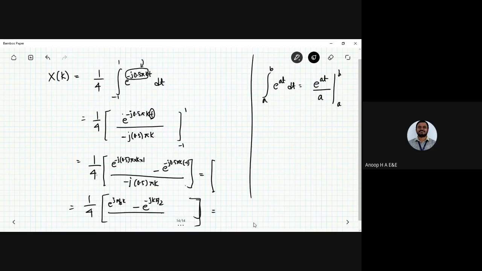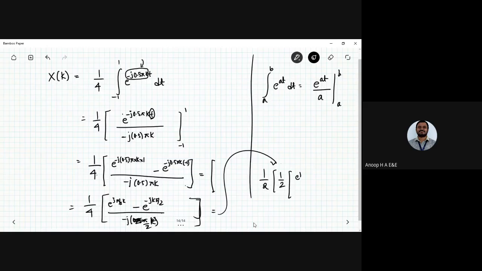Okay, let me write it here. So this 1 by 4, I'll write it again. Here I have minus j into 0.5 into pi into k, which I can write as minus j into pi by 2 into k. Now I can split this 1 by 4 as 1 by 2 into 1 by 2.